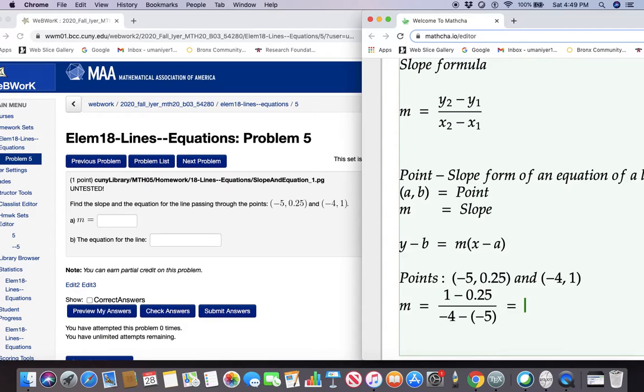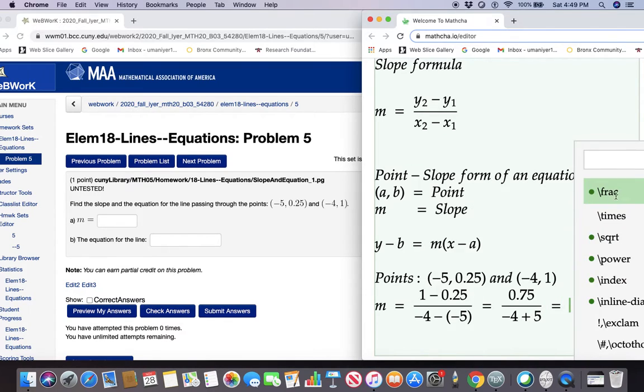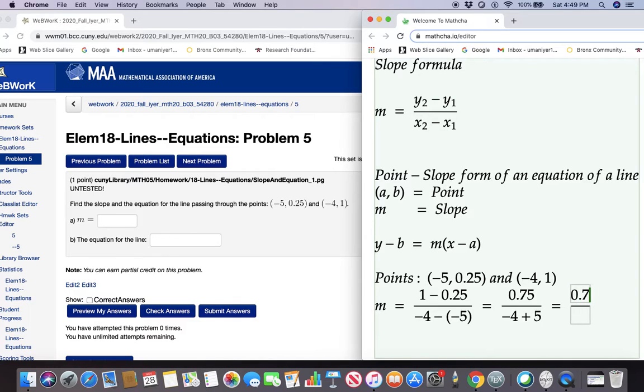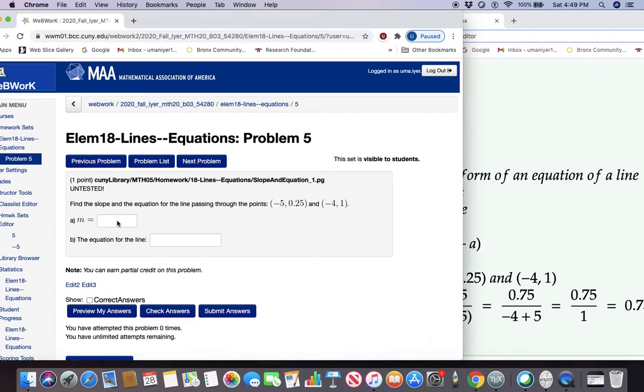So what this tells you is it's a fraction. 1 minus 0.25, that is 0.75, right? Over negative 4 plus 5, that is 1. So that is equal to 0.75. So slope is 0.75.